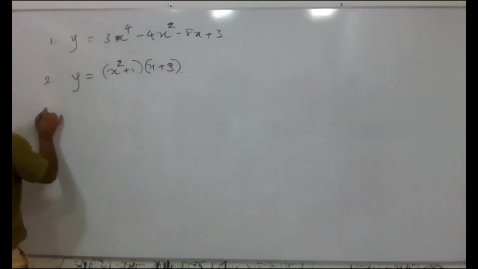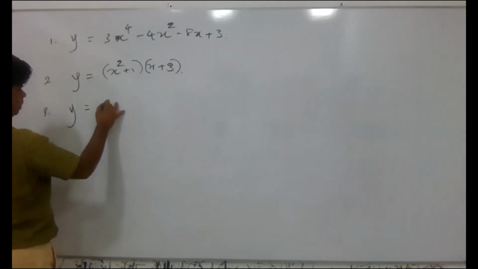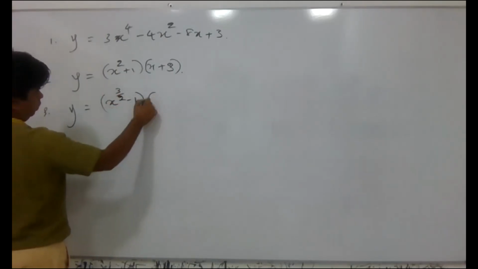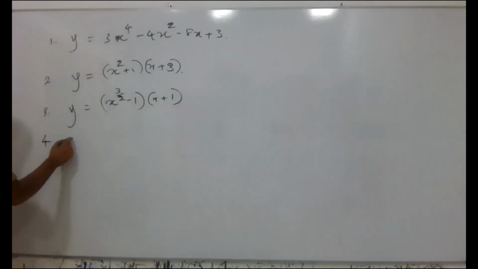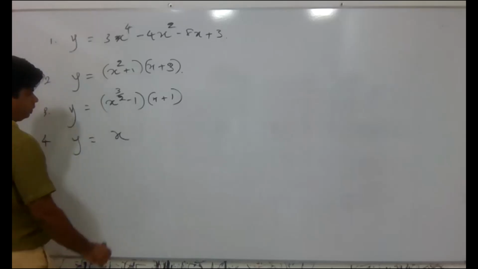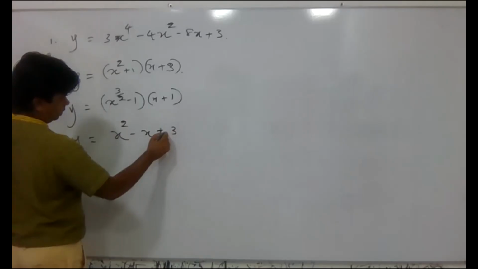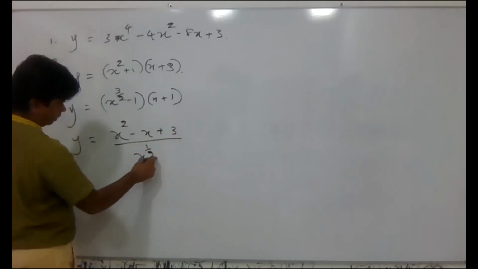Third one, y equals x to the power 3 over 2 minus 1 into x plus 1. Fourth one, y equals x squared minus x plus 3 divided by x to the power half.